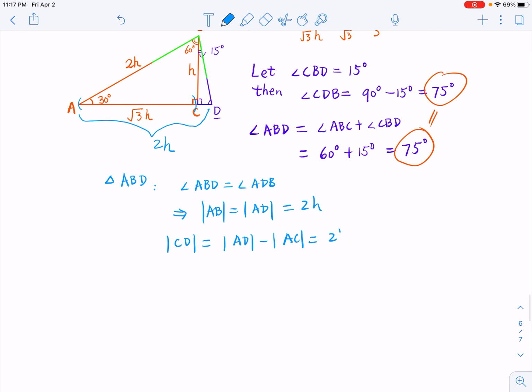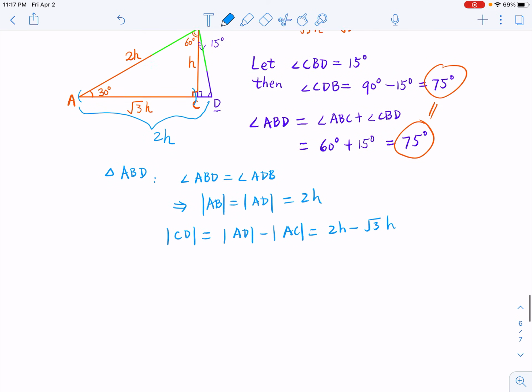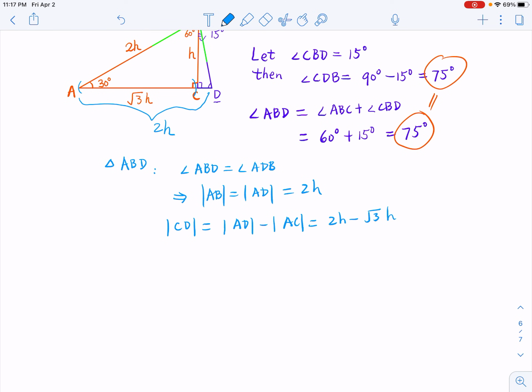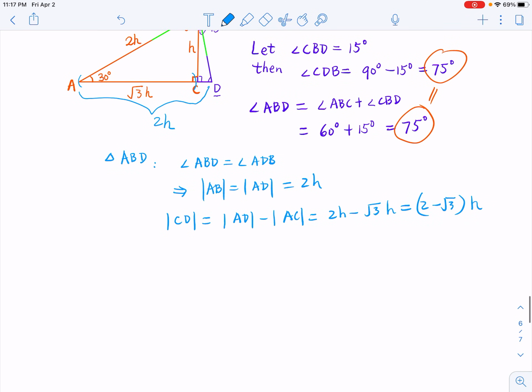AD is 2H minus square root of 3 H. So this is equal to 2 minus square root of 3, times H. Please note that square root of 3 is about 1.73, so this is a positive number.